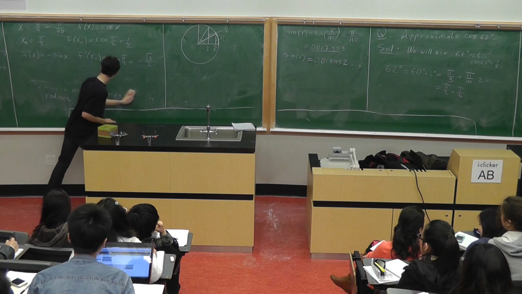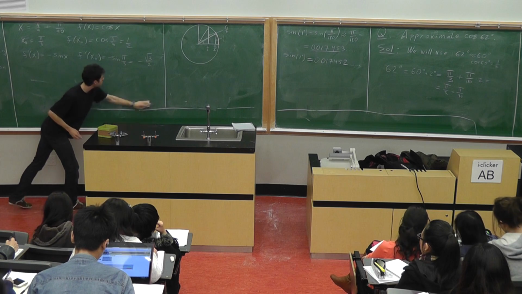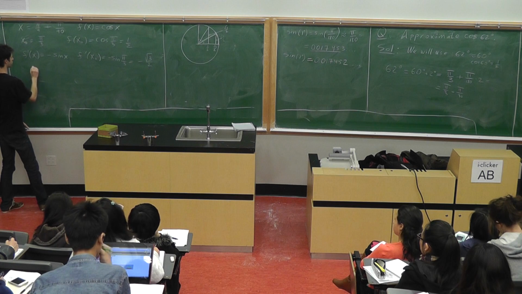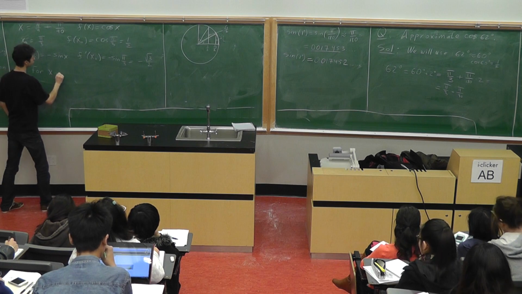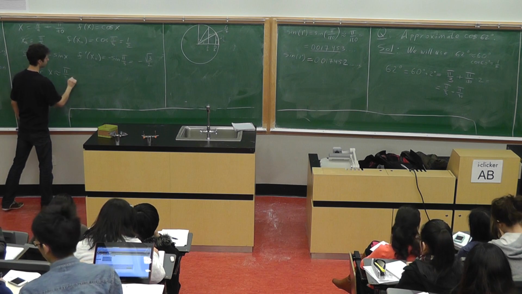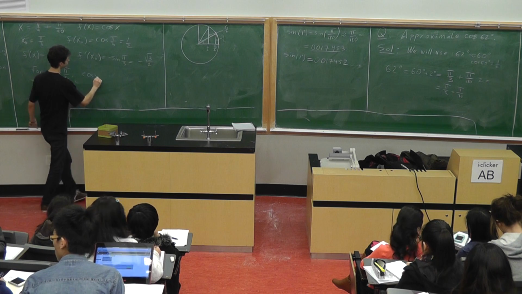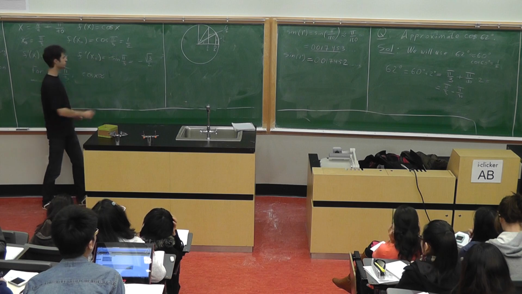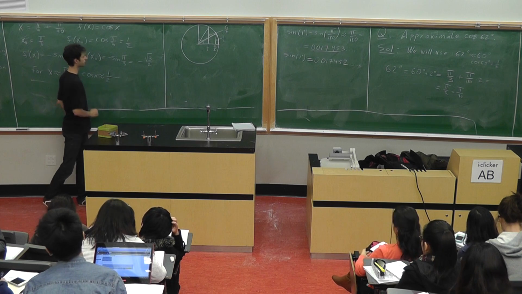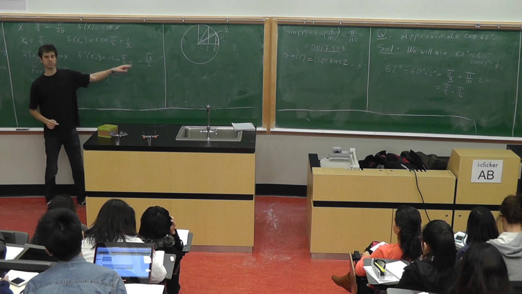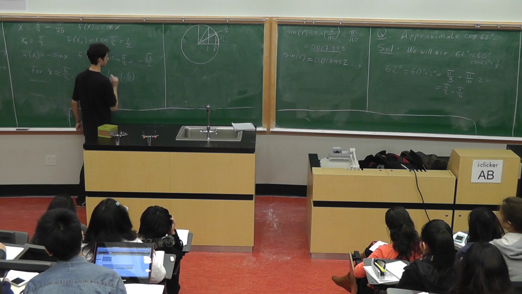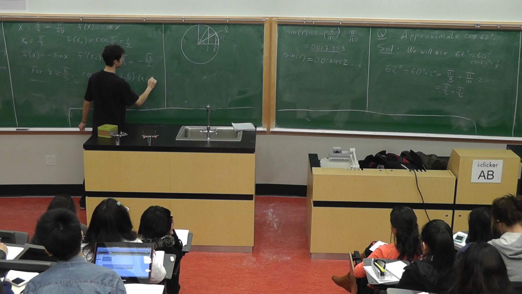Next we find the linear approximation. For x which is close to pi by 3, we have that cosine of x is approximately cosine of pi by 3, which is 1/2, plus the derivative times x minus pi by 3.